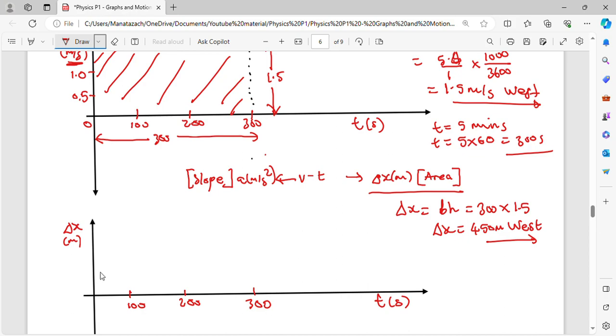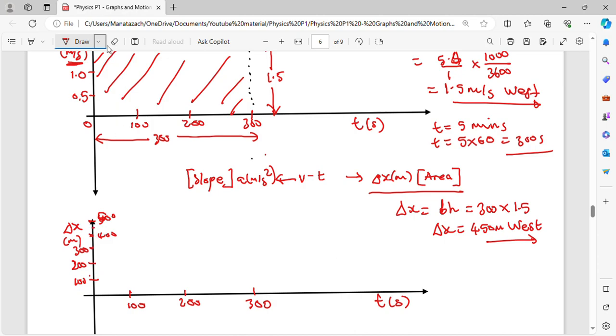We can just say, okay, let's choose a scale of hundreds. Here it will be 200, 300, 400, and then there about 500. Okay, 500. And then, okay, the 450 will be somewhere there.